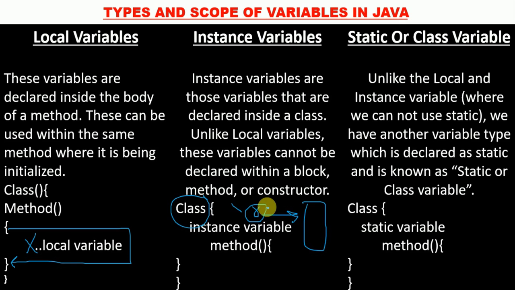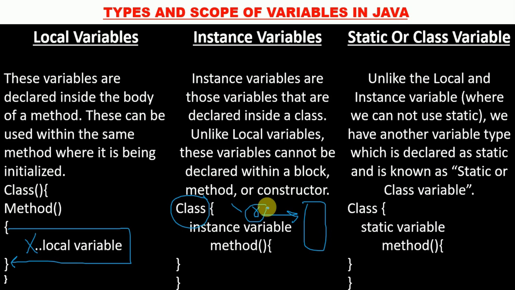If we have no object at all, if we destroy the object, the life of an instance variable is gone. We cannot retrieve the instance variable if the object has been destroyed. So instance variables have scope till the object creation, or till the object is valid.